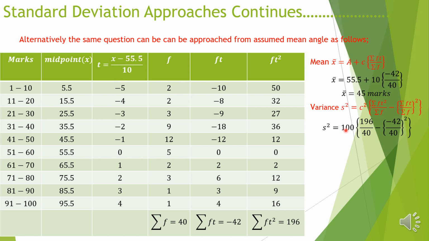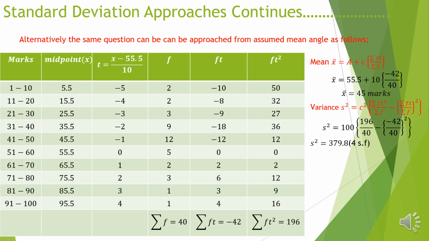Summation of ft squared is 196, summation of f is 40, minus summation of ft is negative 42, summation of f is 40, and then we are squaring this one. By simplifying this, we end up with s squared, which is 379.8 to 4 significant figures.